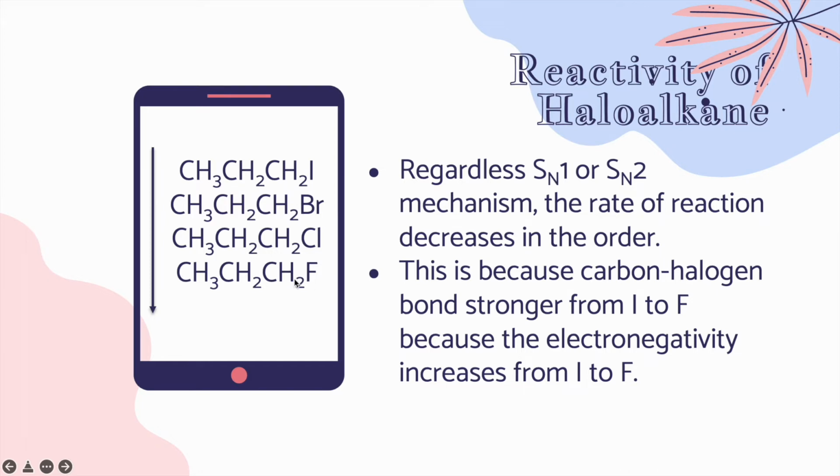So the rate of reaction is slow here because the carbon-fluorine bond is strong, and it's hard to break this bond. The rate of reaction is slower here compared to this one. The C-I bond is weaker because iodine is less electronegative than fluorine. So that's what it means by rate of reaction decreases down group 17.